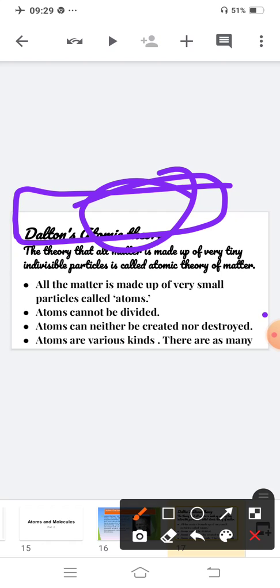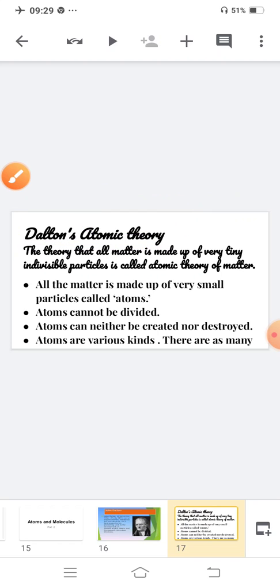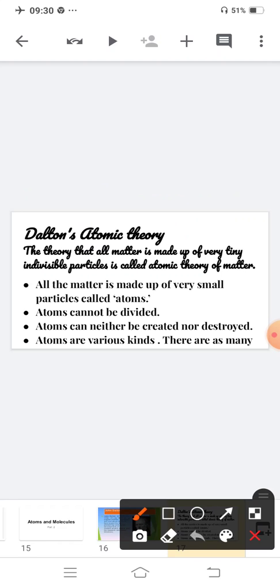Dalton's atomic theory says that all matter is made up of very tiny individual particles. It's called the atomic theory of matter.